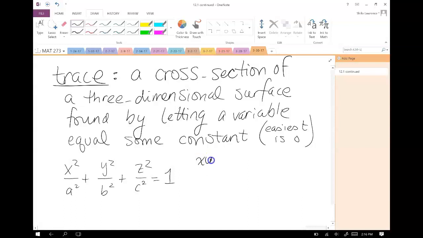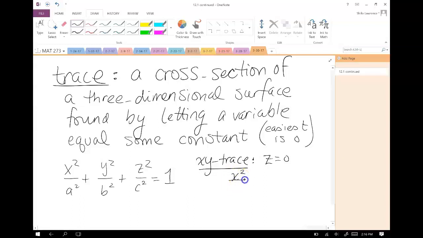So for my xy trace, I'm going to let z equal 0. And most of the time when we let a variable equal 0, it just wipes that out of the equation. So if I let z equal 0, we're left with a two-variable equation. We're just left with a two-dimensional curve.